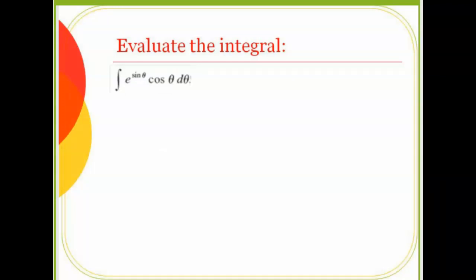So, as I said, with e to the u, whatever e is raised to is always your u. So you don't even have to think. U is sine theta. Derivative of sine is cosine.